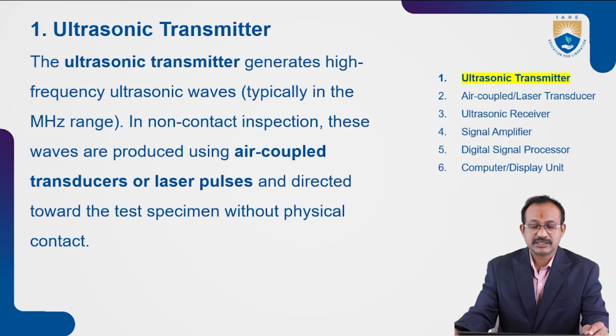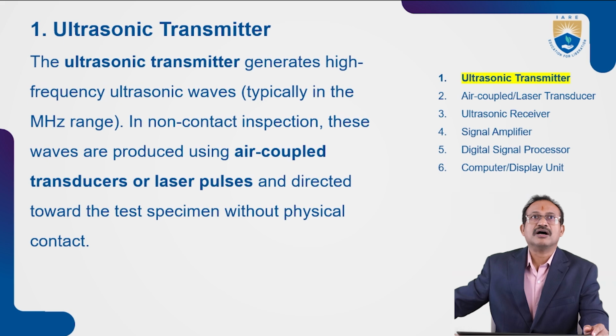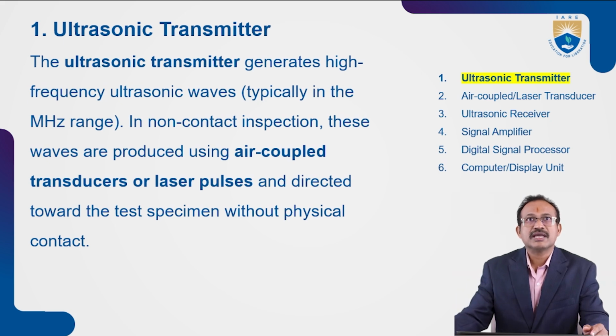It generates high frequency ultrasonic waves typically in the megahertz range. In non-contact inspection, these waves are produced using air-coupled transducers or laser pulses and directed toward the test specimen without physical contact.